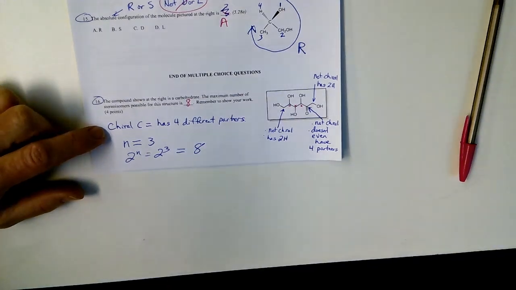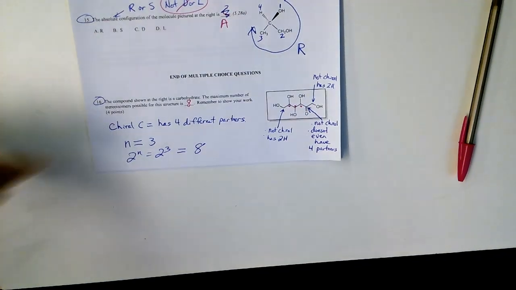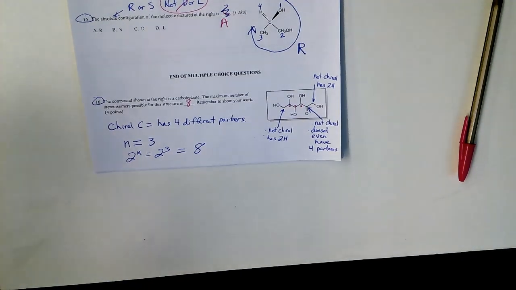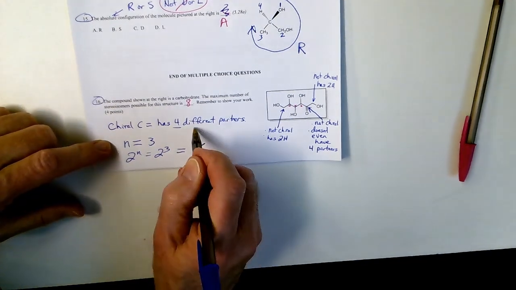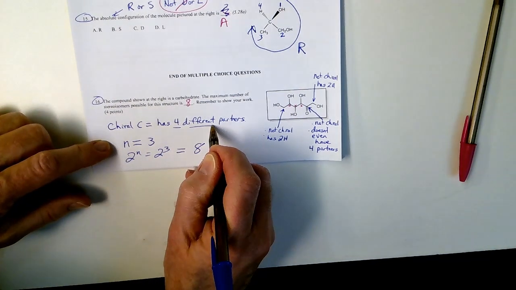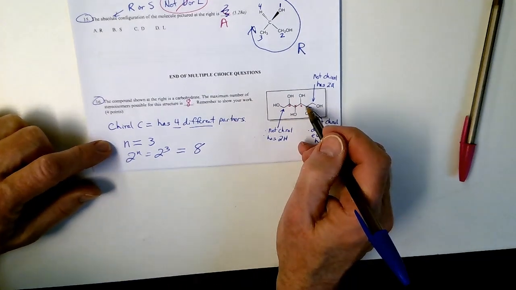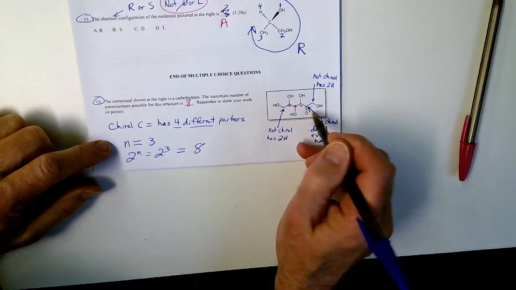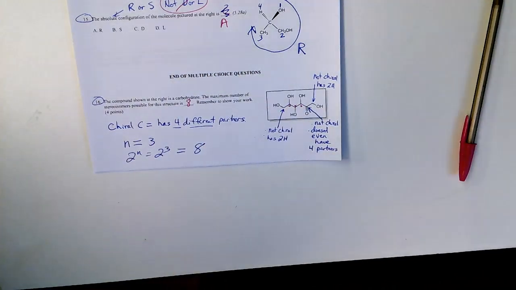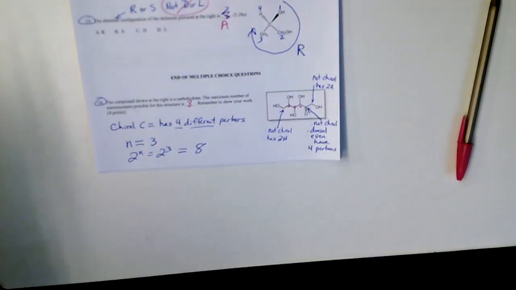And that kind of goes back to the earlier question, which is what does it take for a carbon to be chiral? It has to have 4 partners, and they all have to be different from each other. Well, this poor thing right here, it's got 1 partner here, and 1 partner here, and 1 partner here. Just 3. Not even in the running.